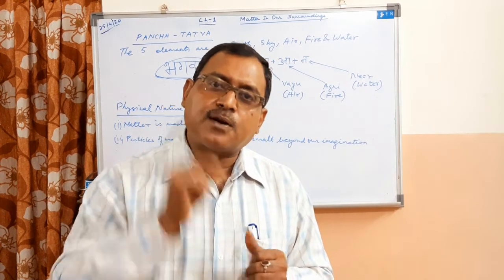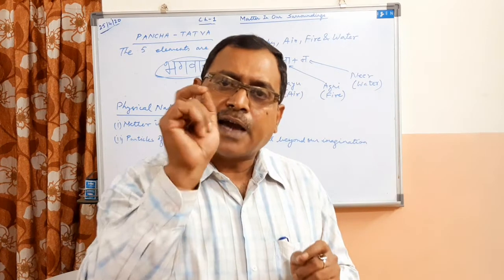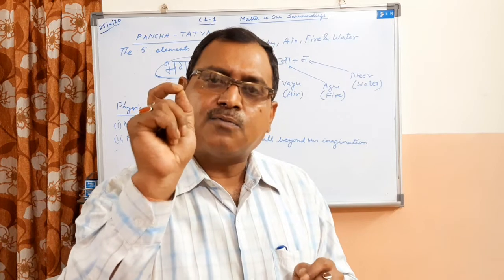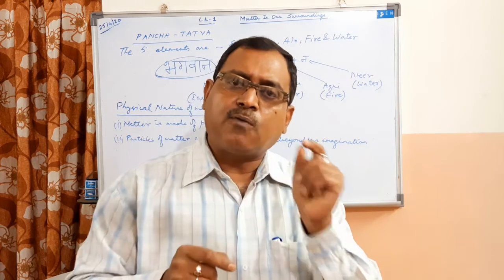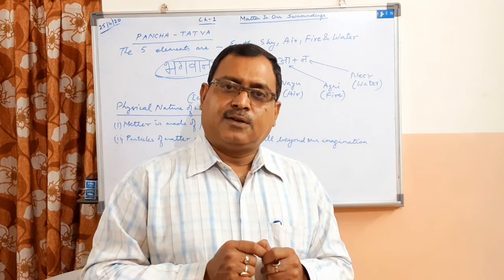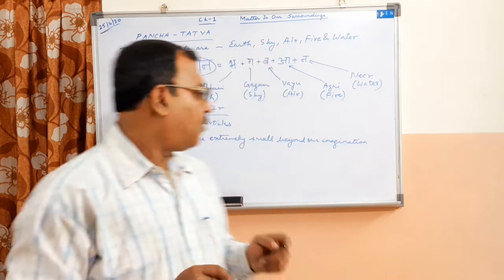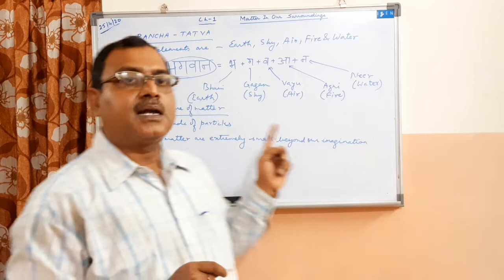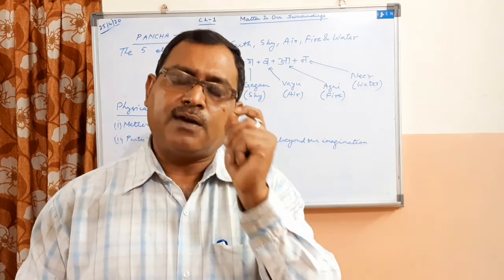That spoon of sugar got dissolved in water. It got separated into tiny particles which are so small that they have entered the fine gaps between water molecules. So you can understand? So this is what we say, that matter is made up of very small particles.